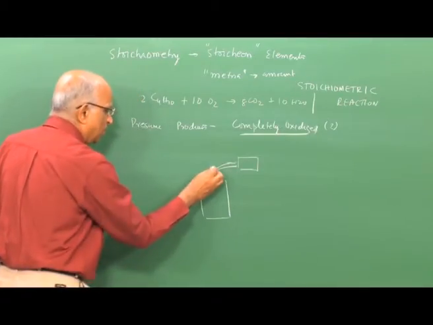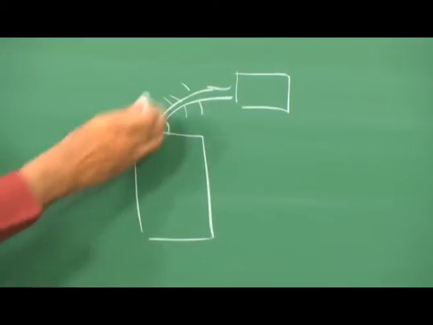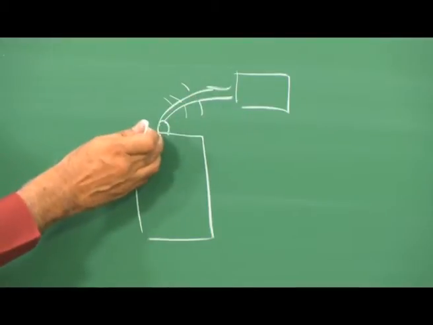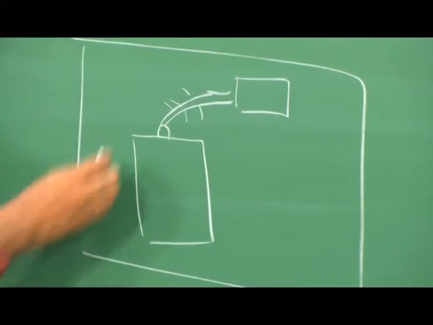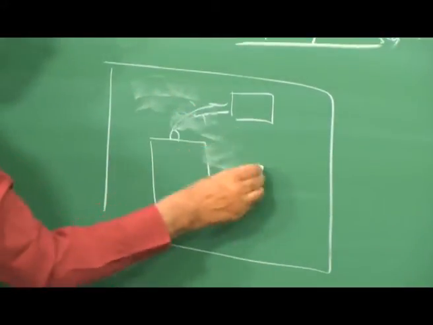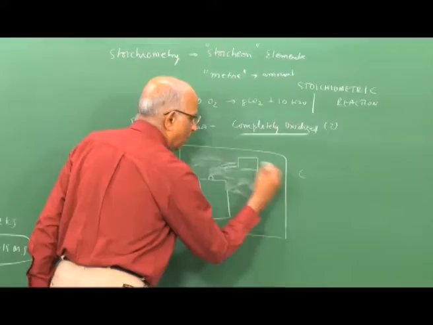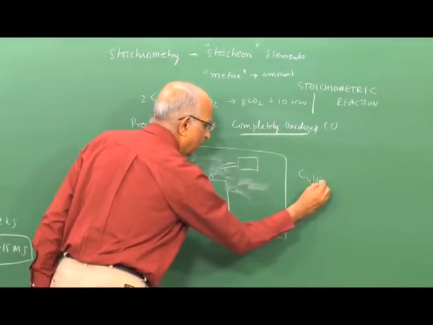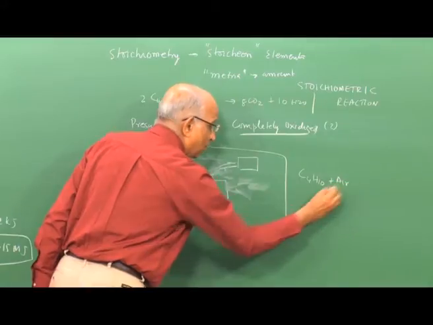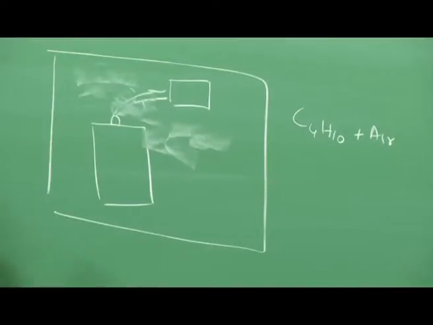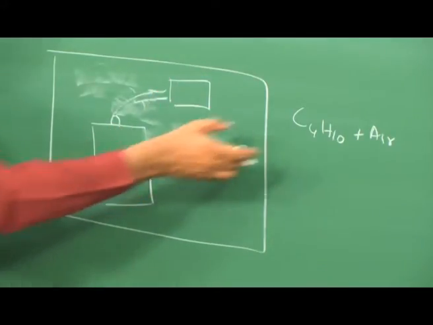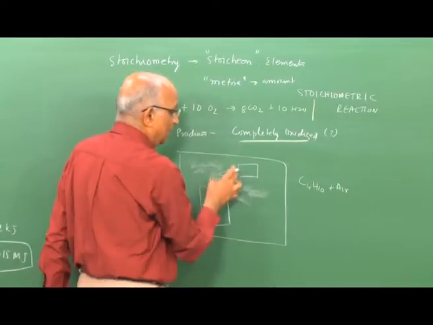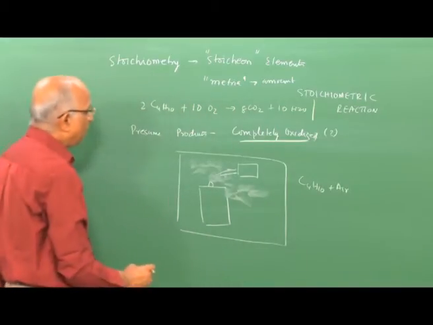Suppose there is a leakage from the pipeline, or the cylinder or your stove is leaking, and in the kitchen which has a certain volume, I collect a mixture of C4H10, which is butane, plus air, not oxygen. In practice, whenever a fuel gas leaks and forms a mixture, it is not C4H10 with oxygen, but C4H10 with air. Therefore, how do I modify?